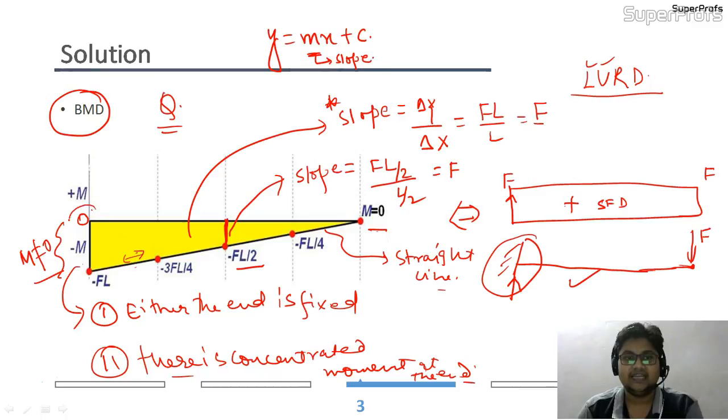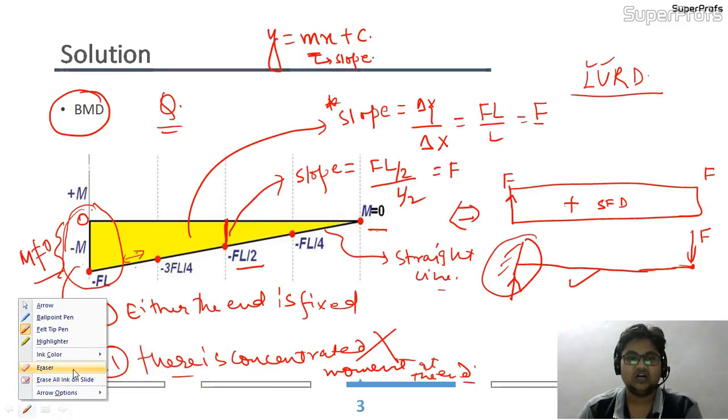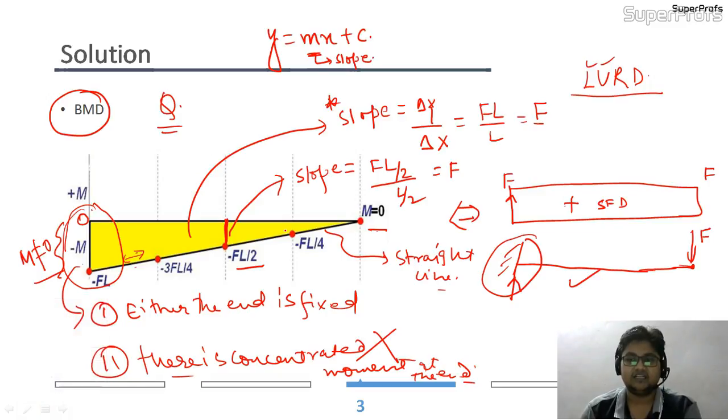So it is not a case of concentrated bending moment, and this conclusion is void in itself. I explained this in much detail because in the later part, you will find it very easy to do the questions that will come with different loading diagrams. It will be much easier.